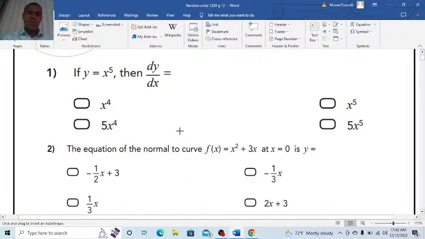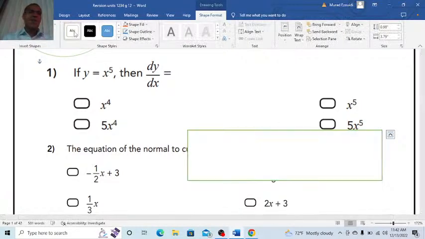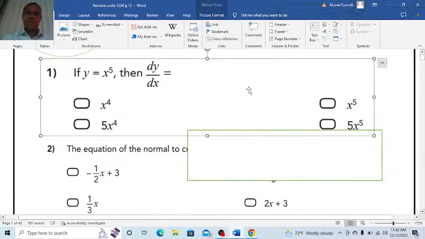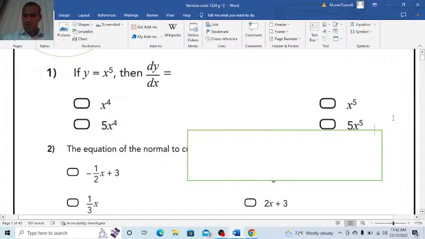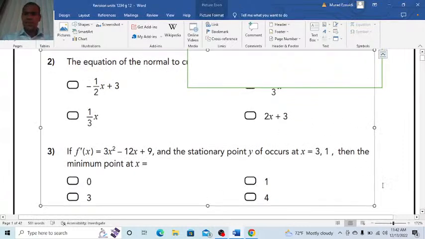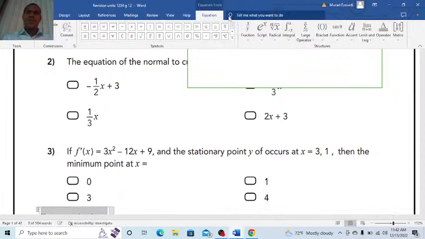I will just paste this here, and I will insert an equation somewhere. Just one moment. I will try to insert the equation here.